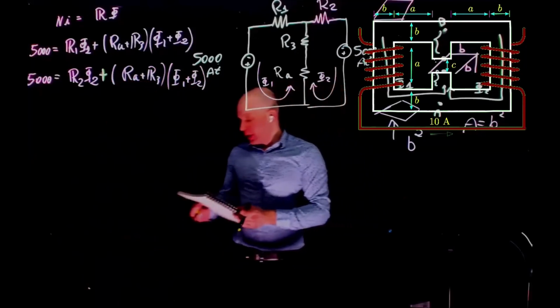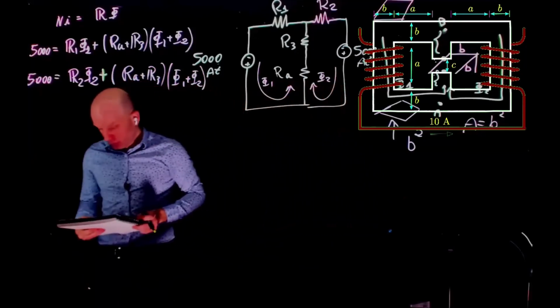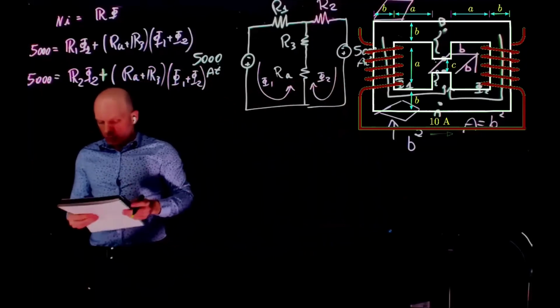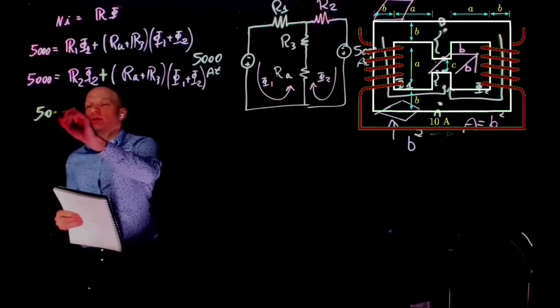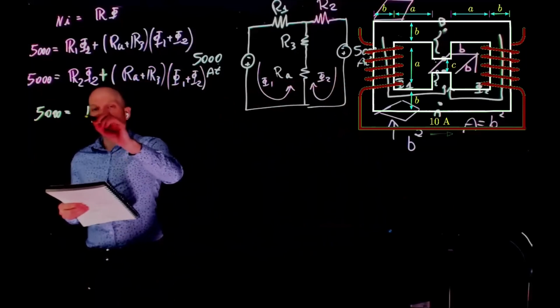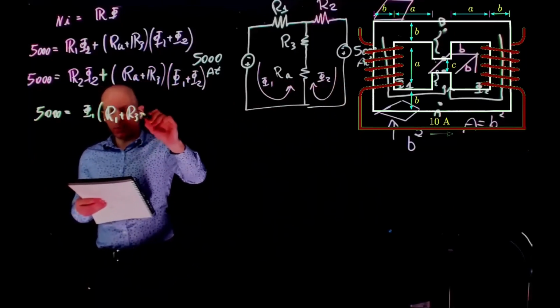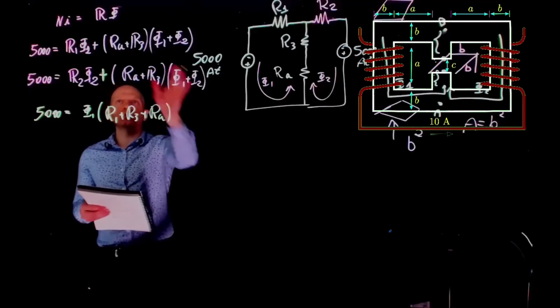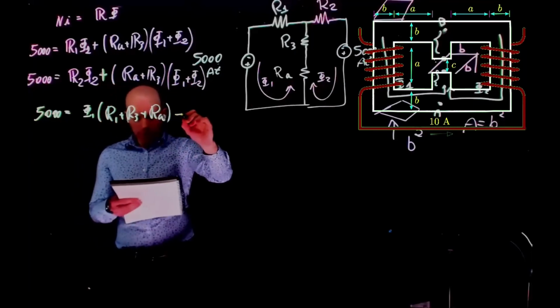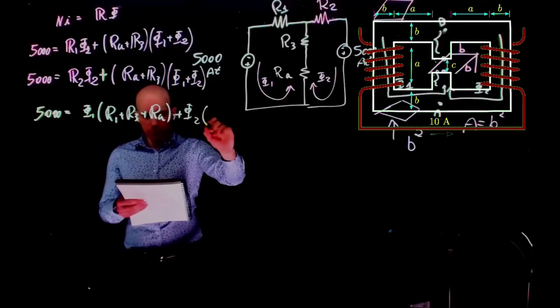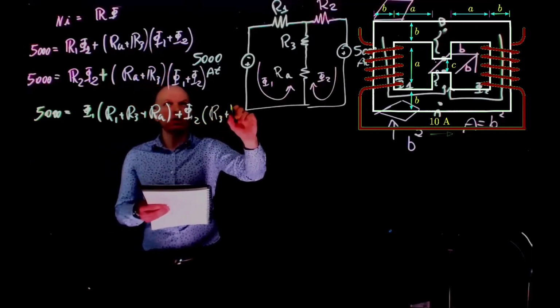All right, so now we can rearrange these expressions. The first one will become 5,000 equals phi 1 times R1 plus R3 plus RA, just rearranging there, plus phi 2 times R3 plus RA.